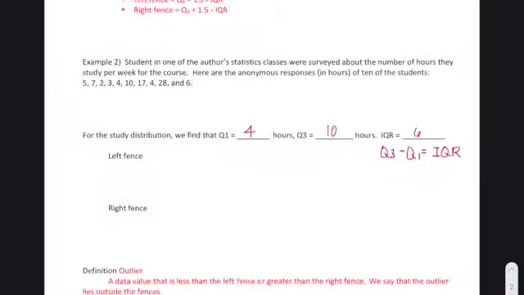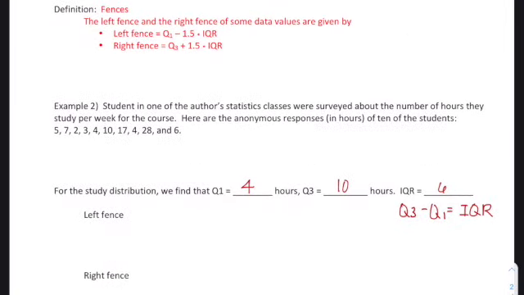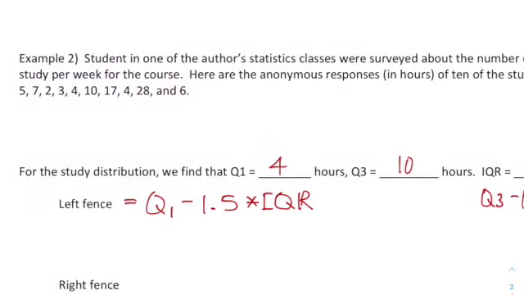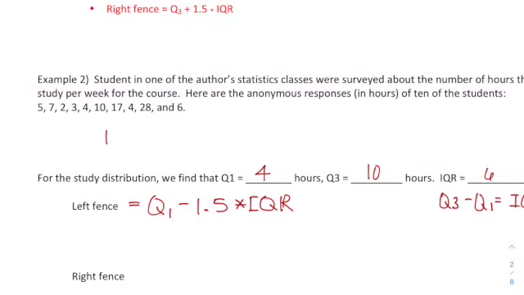Now, the next part is, how do you calculate left fence? All right, left fence formula goes like this. Q1 minus 1.5 times IQR. And so in this case, because think about it, if this is the box plot, just a freehand, okay, your left fence is going to be right here.